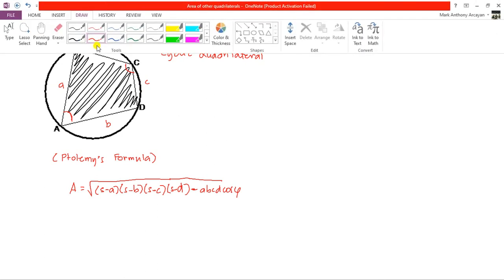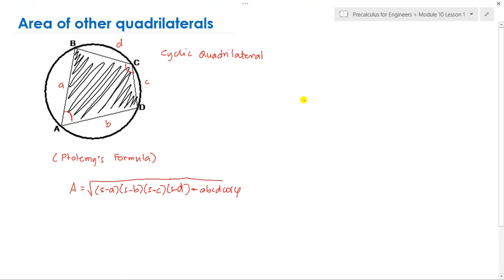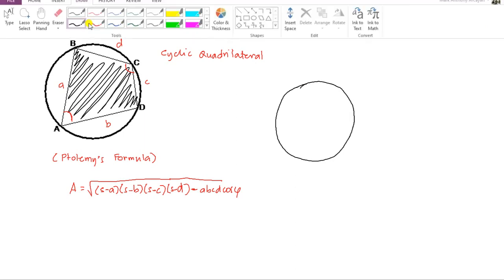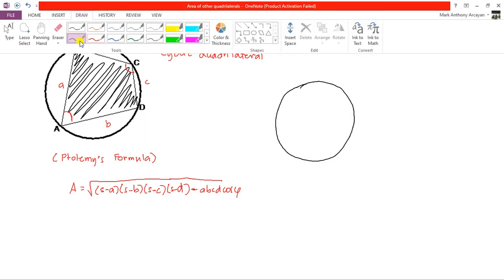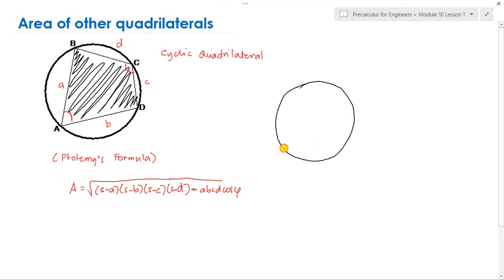And to illustrate why it sums up to 90, let's derive it to be sure. Let's say we have a circle, then assume we label A. This is the projection of A, so this is angle A, alpha. Then C is also placed there.